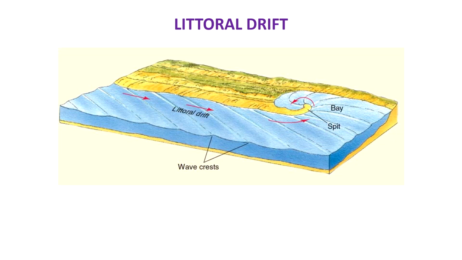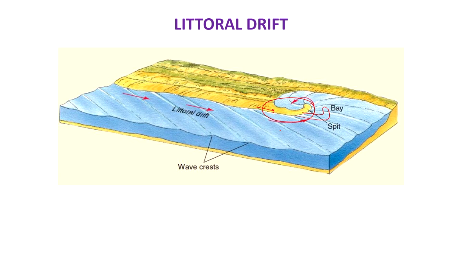Further, this drift, if it continues, can result into the formation of a landform here, because the sediments are coming and getting deposited over here, and slowly this may extend further.